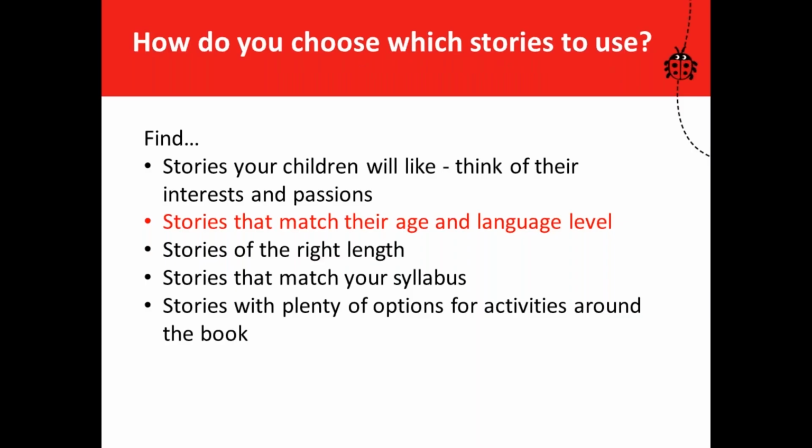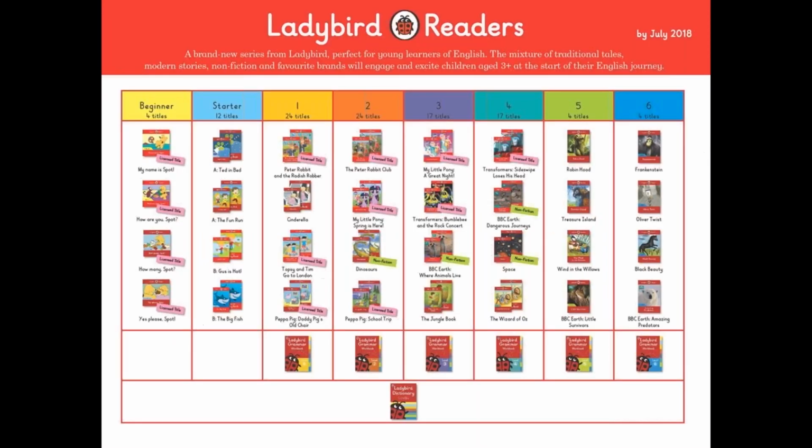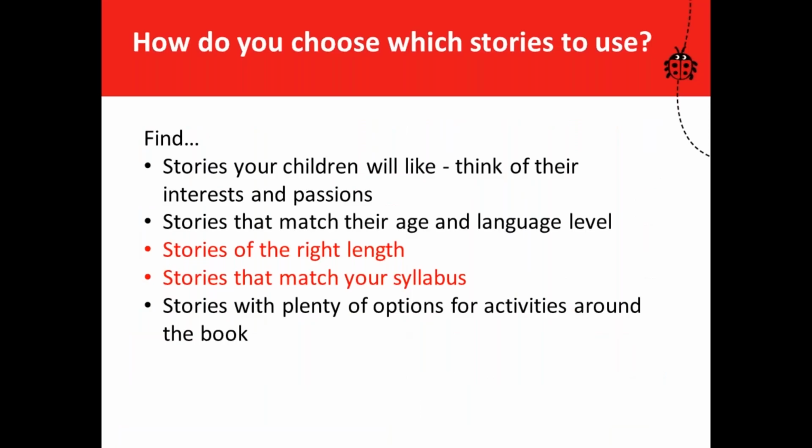As we said, one of the things you also need to think about is matching their age and language level. Therefore, if you're looking for readers in the classroom, make sure you go for thoroughly graded readers, so that you have them across a range of levels. This not only helps to make sure that your children are reading at the right level, but also gives them a really good sense of being able to accomplish things as they move up across levels.